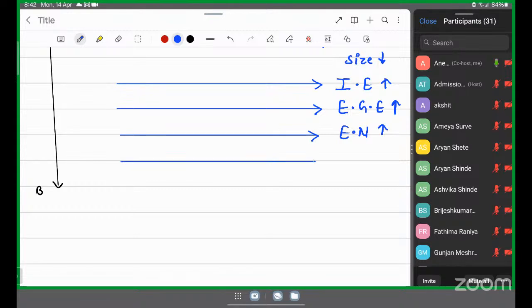Metallic nature: going left to right, nuclear attraction is increasing, which means the tendency to lose electrons is decreasing. So metallic nature will be decreasing.